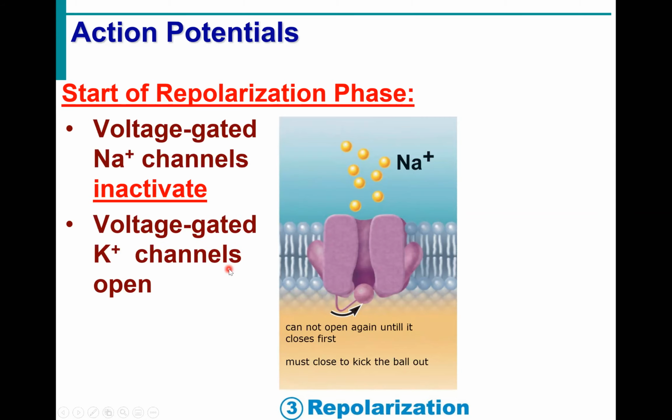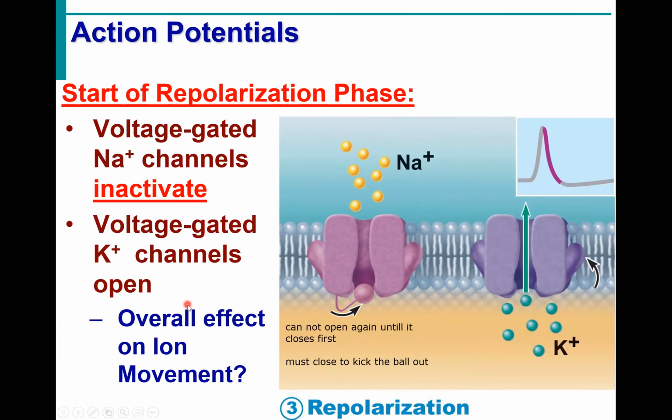But the other thing that happens is finally those slow voltage gated potassium channels have opened. Once they open, that allows potassium to leave the cell. So the cell was really, really positive, rapid depolarization, but it reached a peak because sodium stopped coming through, so it couldn't get more positive. And as all this positive potassium leaves, the cell starts to get more negative. And again, it is going to repolarize and hyperpolarize.